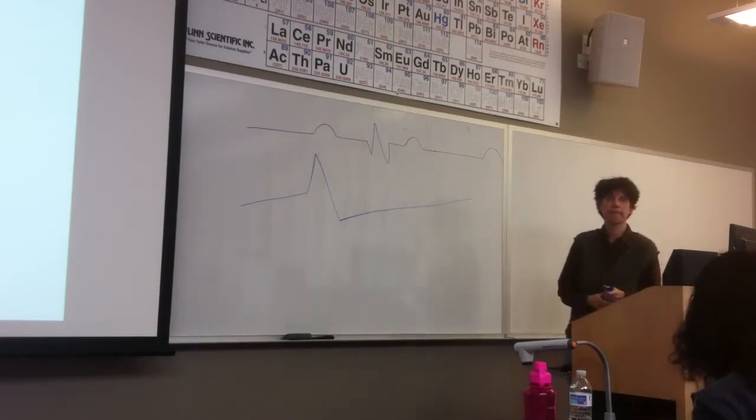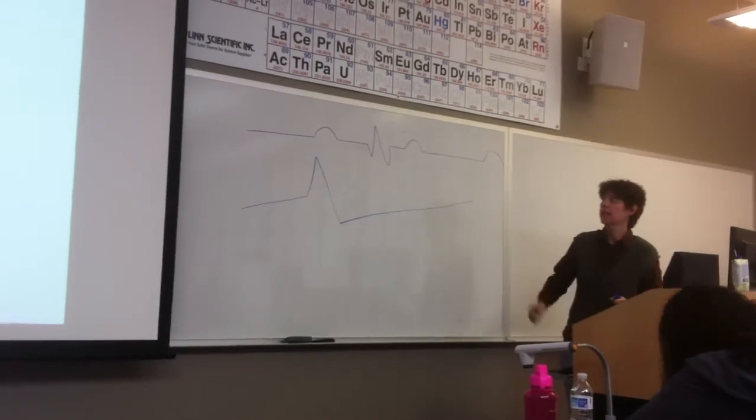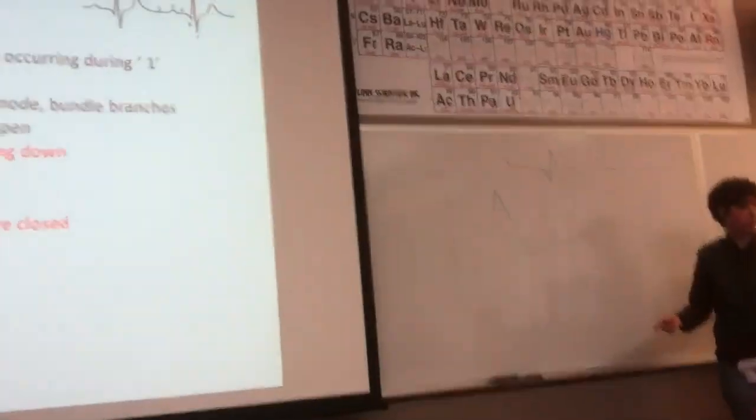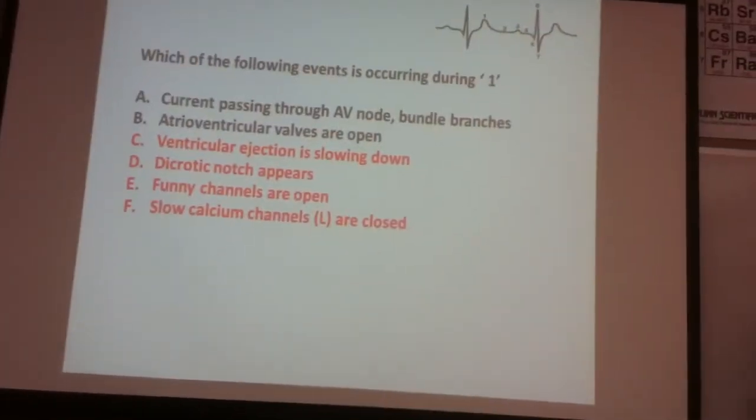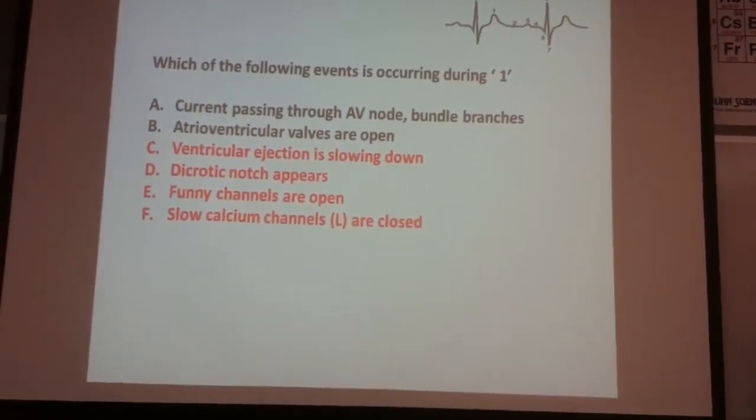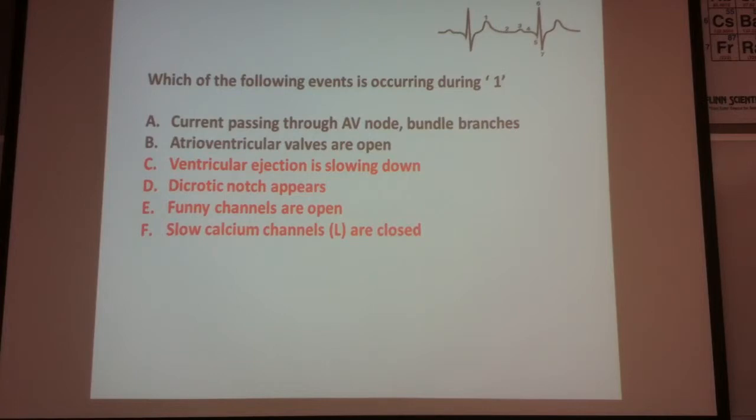Okay? Now, the slow calcium channels have to do with our contractile cells. So the contractile cells of the ventricles are going to depolarize and do this in relationship. Now again, this is one cell, okay? This is a wave of events going through.